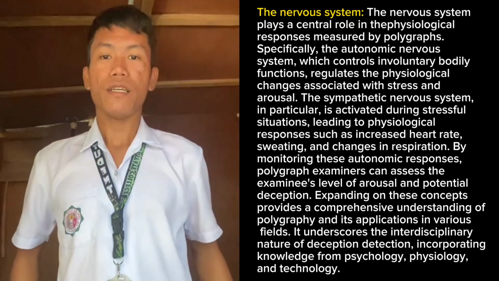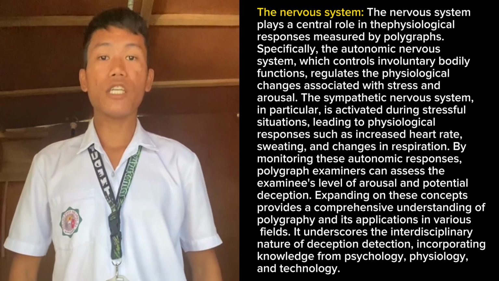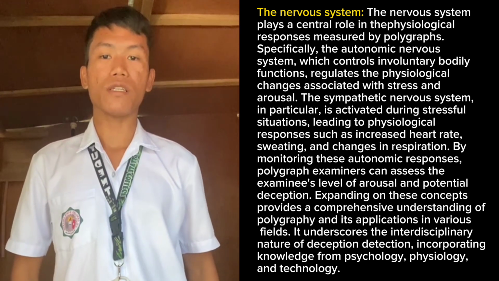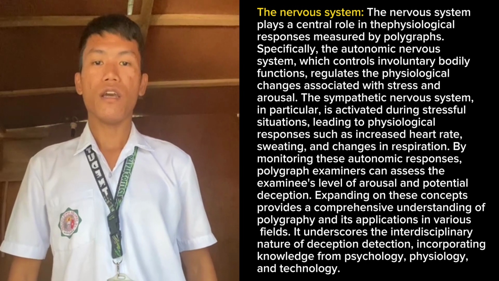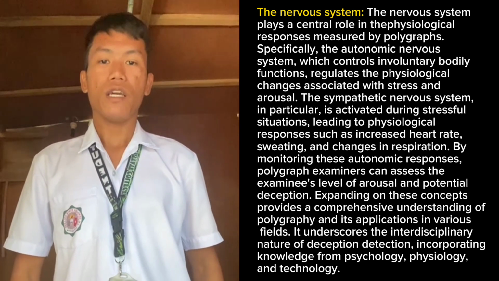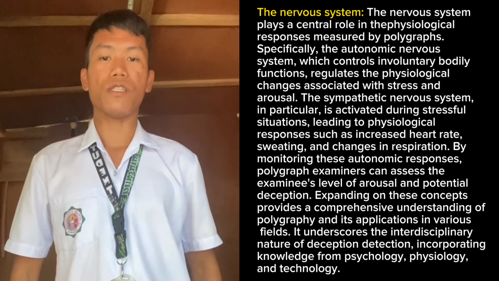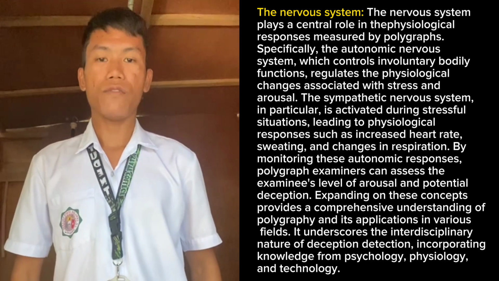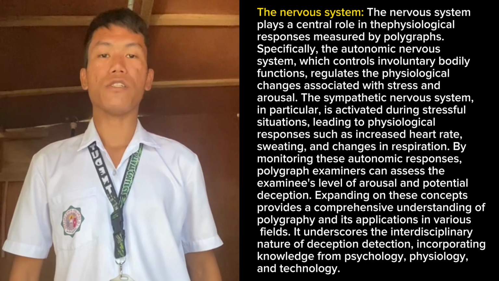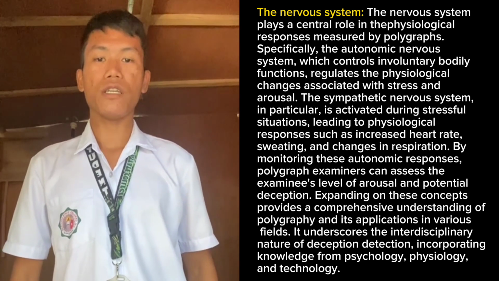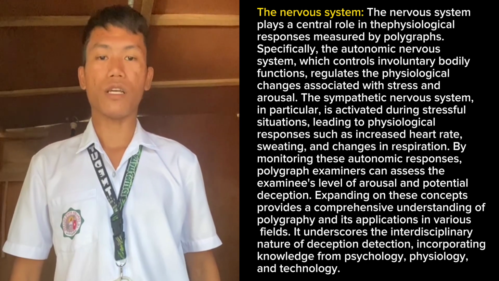And lastly, the nervous system. As we all know, the nervous system plays a central role in the physiological responses measured by polygraphs. Specifically, the autonomic nervous system, which controls involuntary bodily functions, regulates the physiological changes associated with stress and arousal.